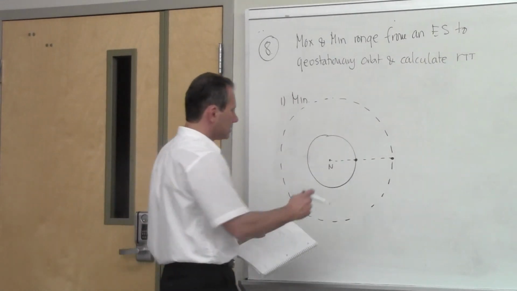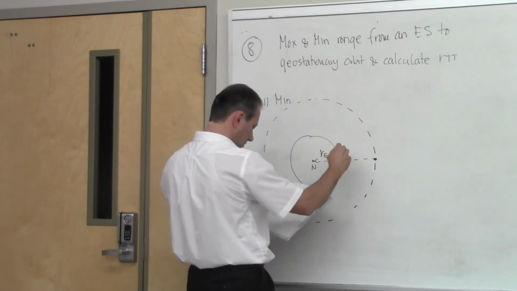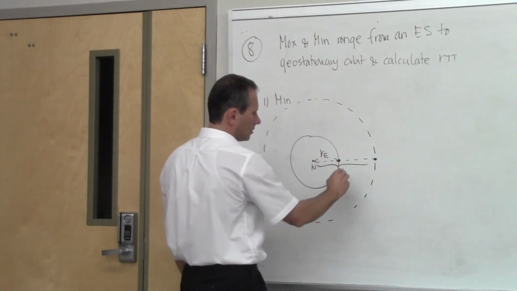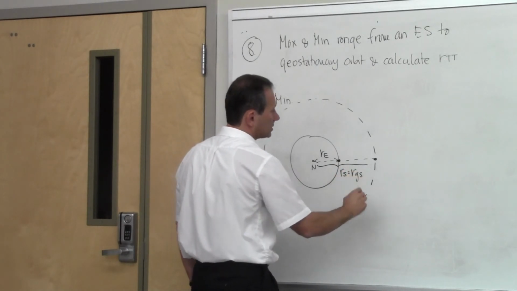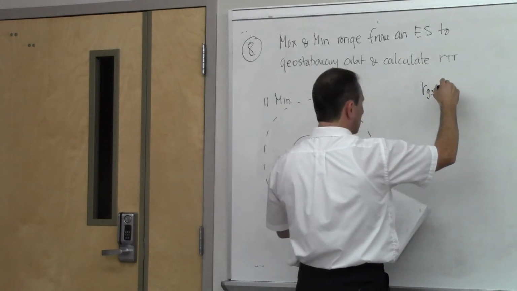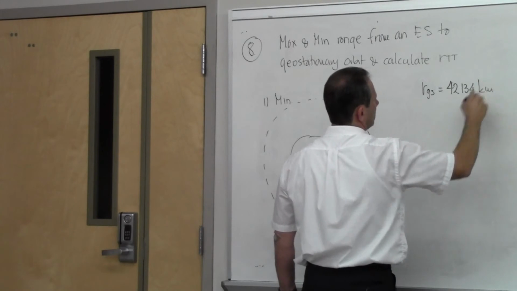So in this case, this is the Earth, and this is RS, which I call the same as RGS. We calculated RGS to be 42,134 kilometers in one of the previous examples.